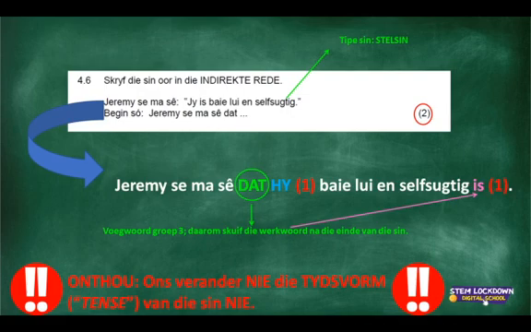So it is extremely important that you check that you have changed your pronouns and that you have moved your verb to the end of the sentence. And then very important, onthou, ons verander nie die tydsvorm van die sin nie. Unlike English, when you are writing a sentence from direct to indirect speech, you are not changing the tense of the sentence.